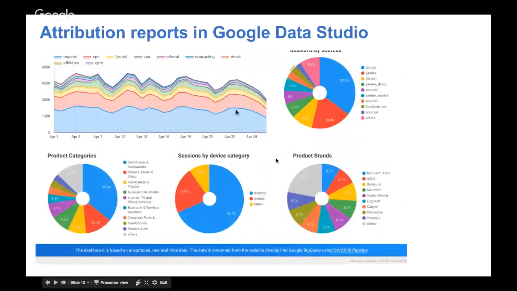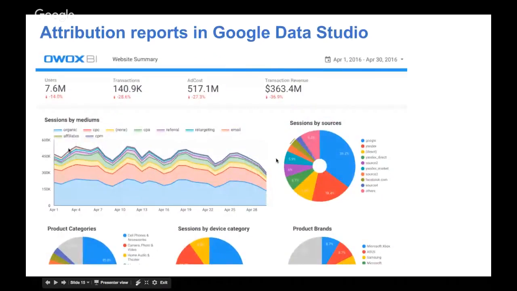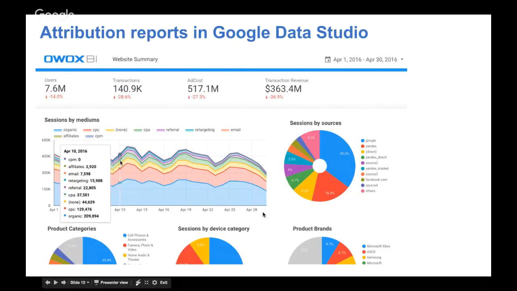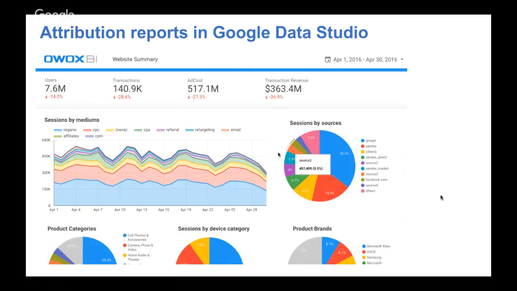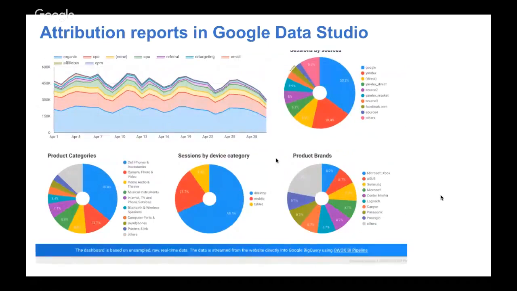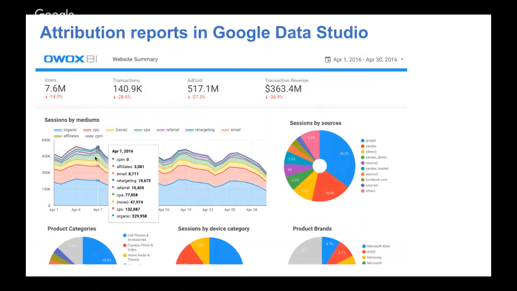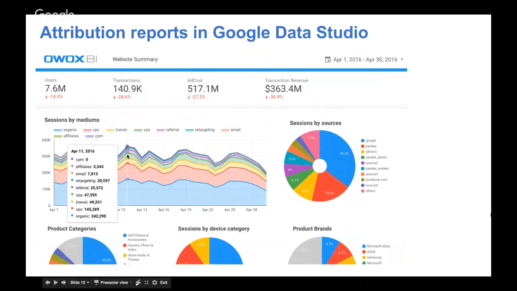You can see in dynamics the number of sessions by each channel, and you can build any chart here. So you can easily monitor the high-level KPIs of your business and the results of the attribution implementation in just one place. And as I said, it is very easily shared across your team.